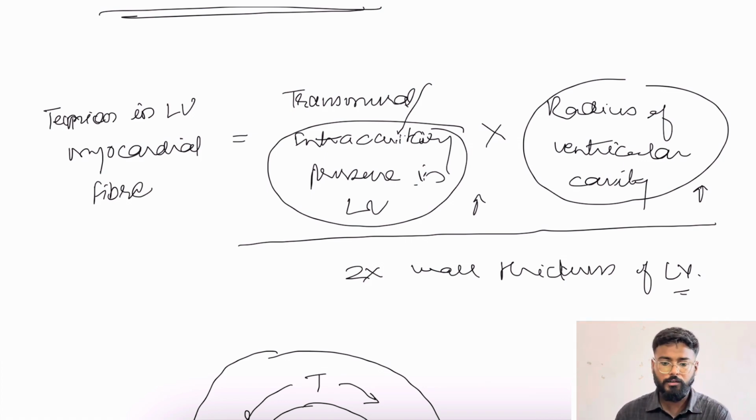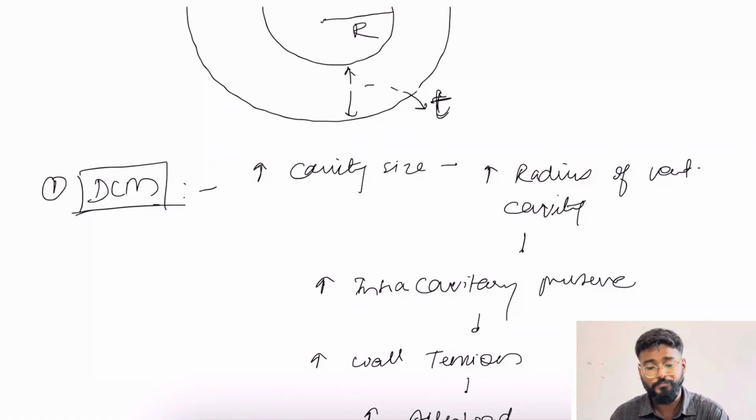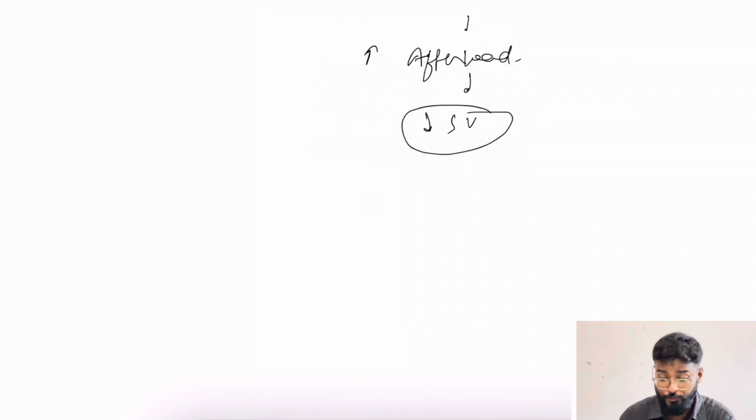Because the intracavitary volume is going to get decreased, and the decreased wall tension is not sufficient to eject whatever amount of blood is there in the left ventricle. So ultimately the stroke volume is going to get decreased because there is not sufficient blood to eject from the left ventricle. In that sense, the stroke volume is decreased in hypertrophic cardiomyopathy.